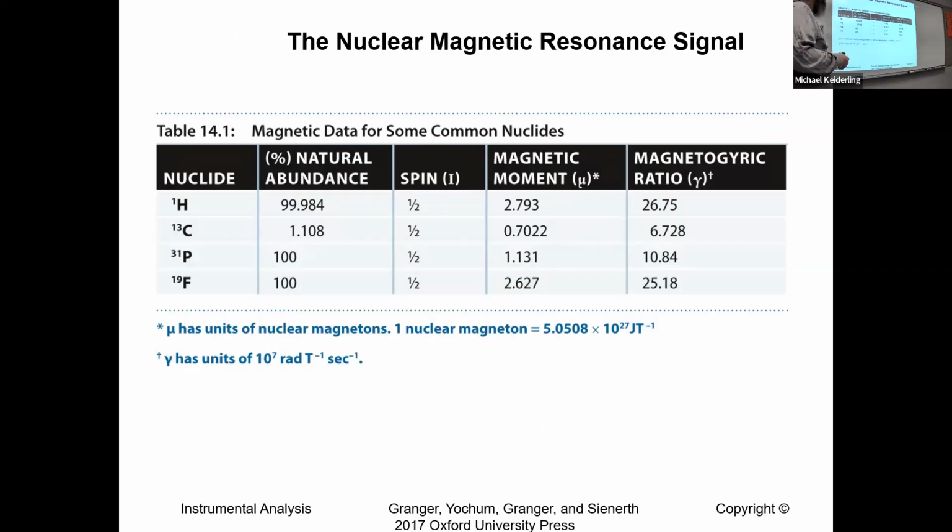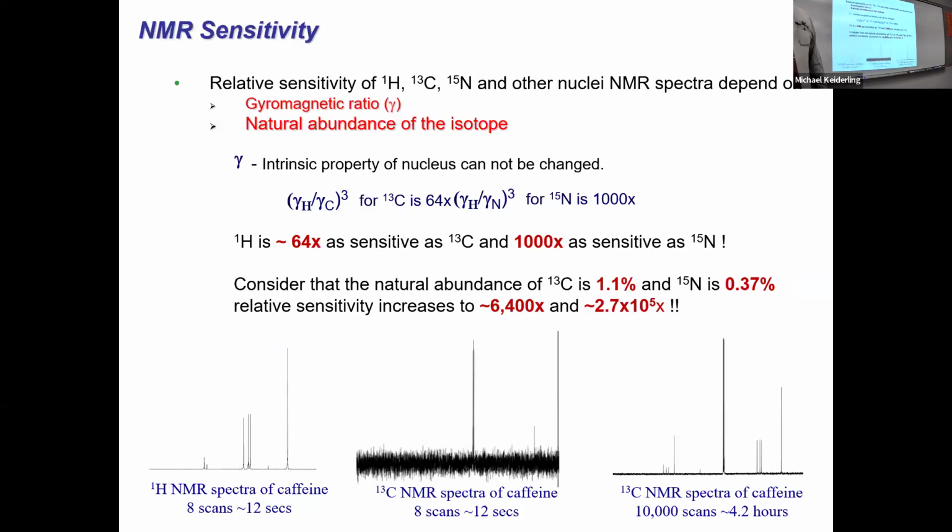So here is some common data, the gyromagnetic ratio, in units of 10 to the 7 radians per Tesla per second, for various nuclei. Pretty sure I'm giving that on the table on the test.